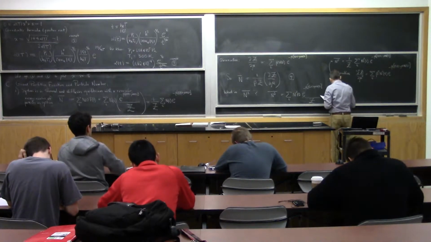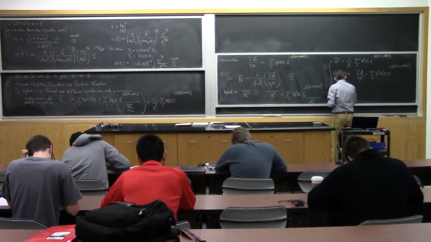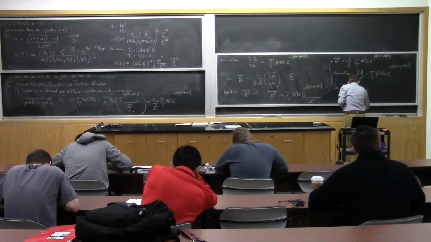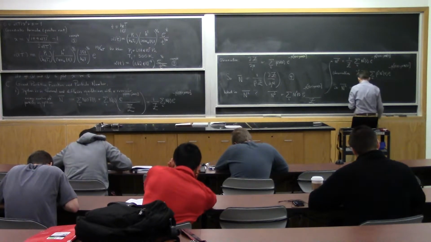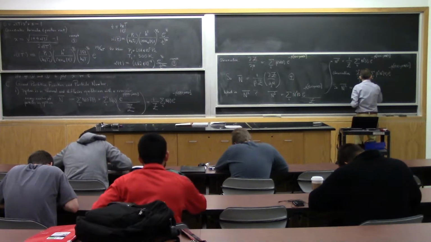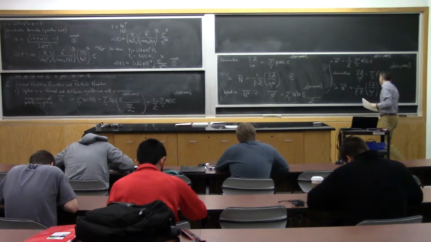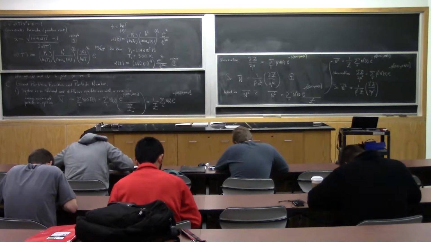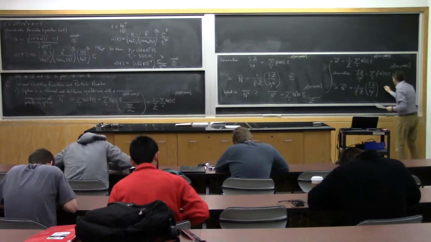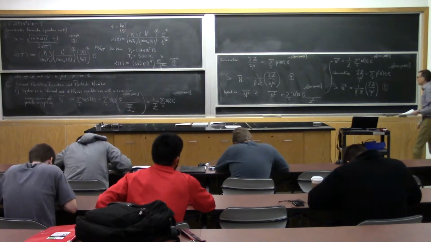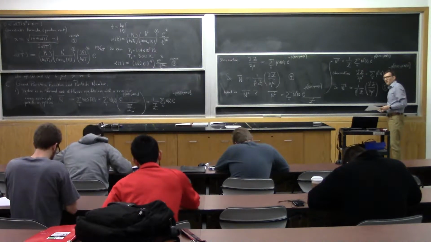So, by comparison, I see that n squared average is 1 over beta squared times script Z times the second partial of script Z with respect to mu. Let's number that one. That's equation 5. So now n squared average is connected to the partition function.